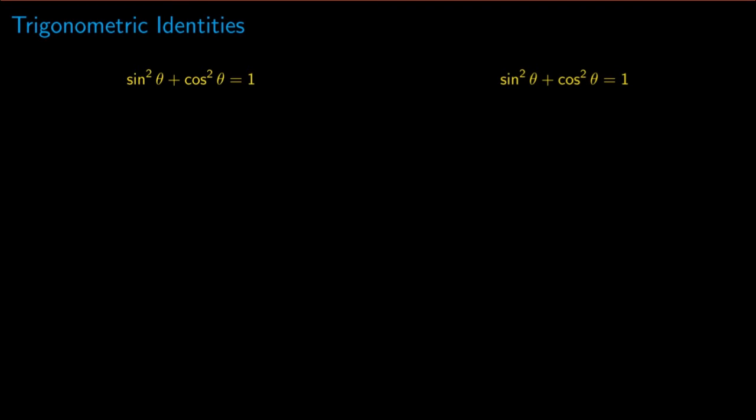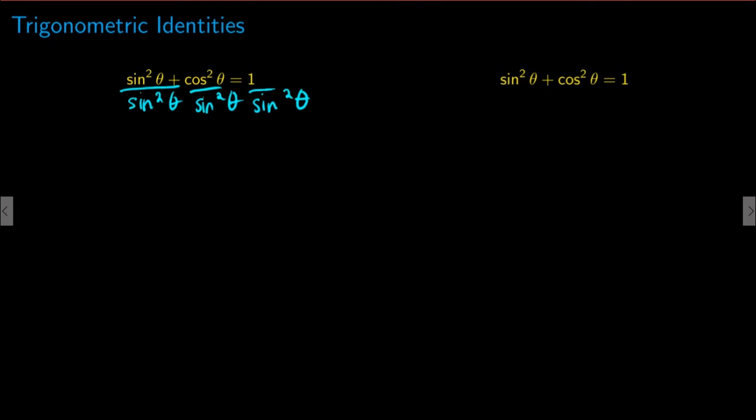Now we'll look at deriving the other 2 Pythagorean identities. So over here on the left, I have sine squared of theta plus cosine squared of theta equals 1, which we derived in the previous screen. If I want to derive one of the other Pythagorean identities, I say, what if I divide this entire equation by sine squared of theta? So I have to divide everything on the left and everything on the right.